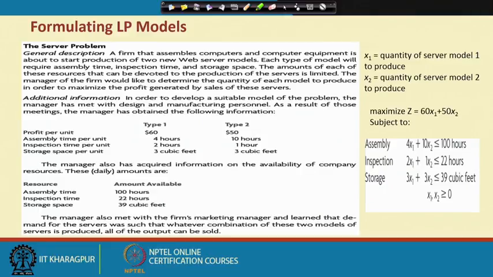According to the problem structure, the objective function is maximizing z equal to 60 x 1 plus 50 x 2, subject to three constraints: 4 x 1 plus 10 x 2 less than or equal to 100, and 2 x 1 plus x 2 less than or equal to 22, and then 3 x 1 plus 3 x 2 less than or equal to 39, and then x 1 and x 2 greater than or equal to 0, because it is the kind of production issue, and obviously.